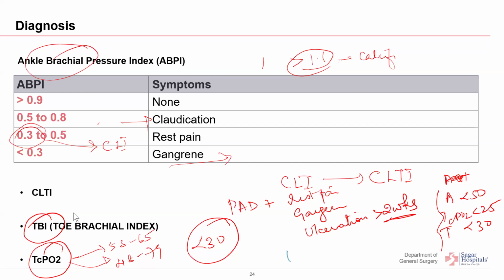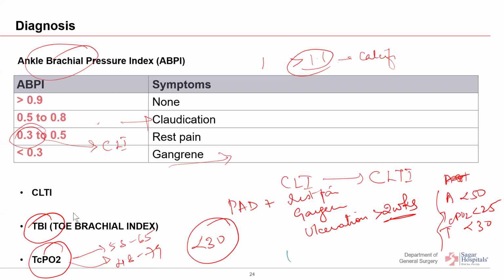It's more theoretical for you guys, but it's still mentioned in our general surgical textbooks. Pulse volume recording is basically similar to a BP cuff. You tie it at different levels: one in the upper thigh, one in the lower thigh, one in the upper leg, one above the ankle. The cuff is inflated to around 60 to 65 millimeters of mercury.